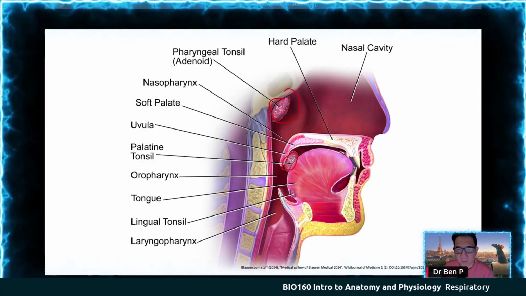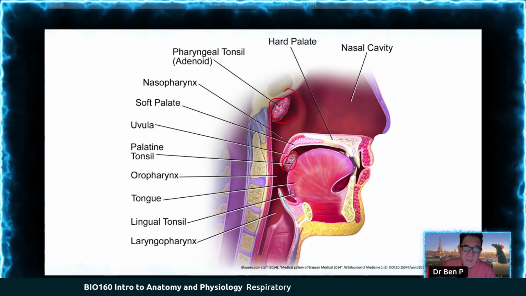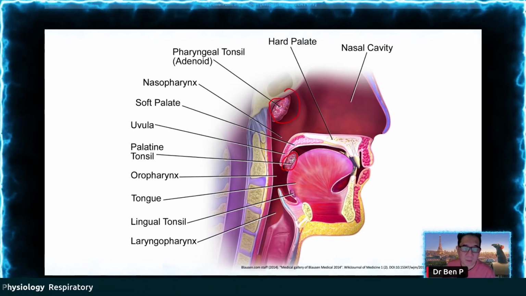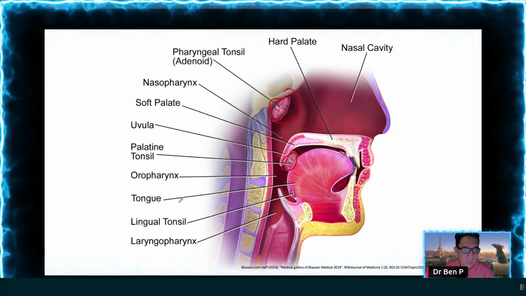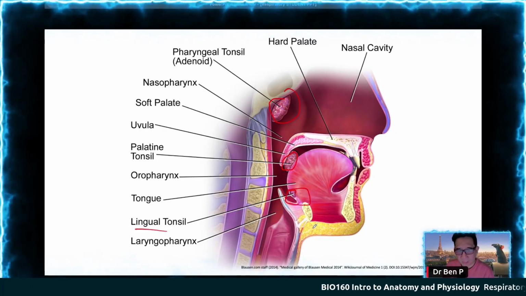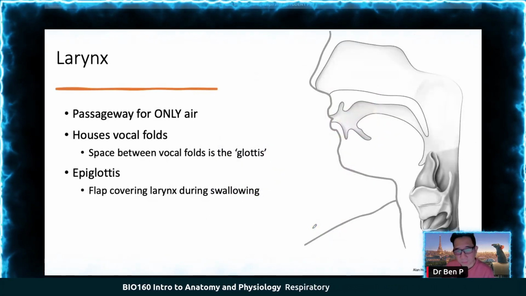In the past, back in the 90s, we took it out very quickly and easily, but now we're trying to keep it until it starts bothering you and blocking your airways. The last one is the lingual tonsil, which is underneath your tongue right here. Okay, so those are the three tonsils.